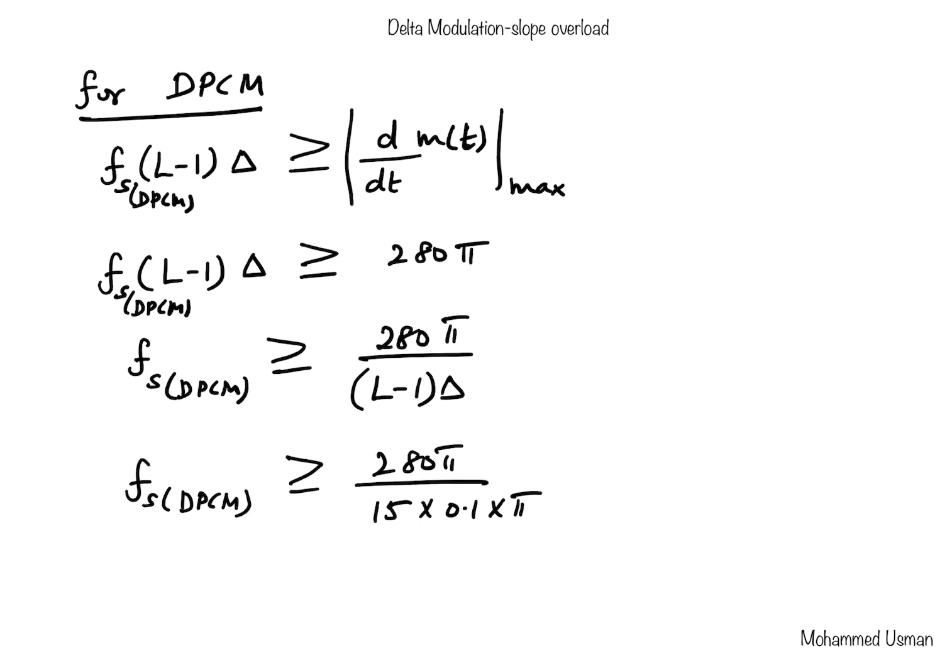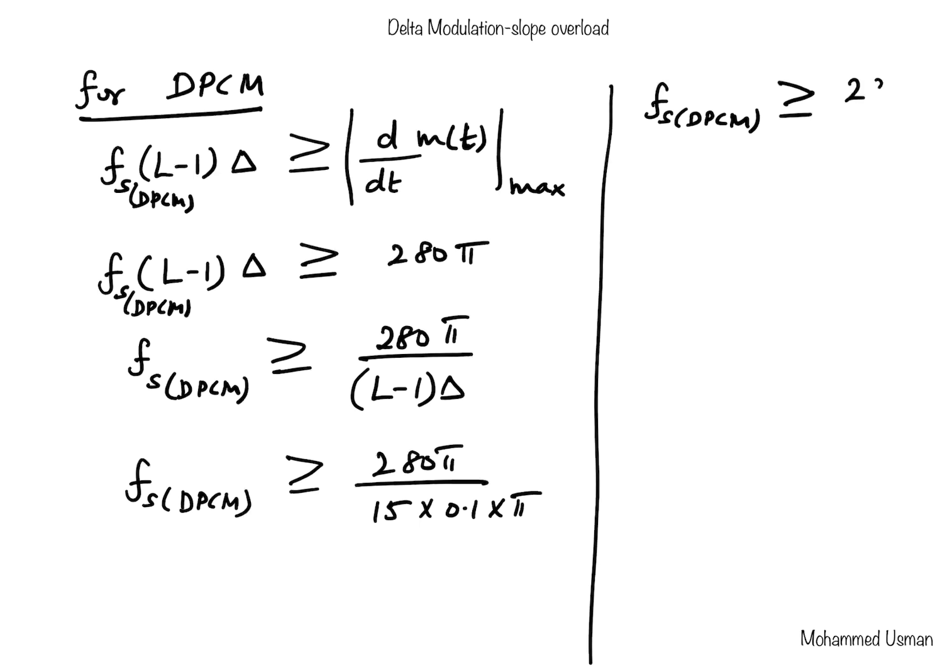When we make this calculation, the minimum sampling rate required for DPCM to avoid slope overload should be at least 280 divided by 1.5, or 2800 divided by 15. I'm not going to simplify this, we'll just keep it as 2800 by 15.